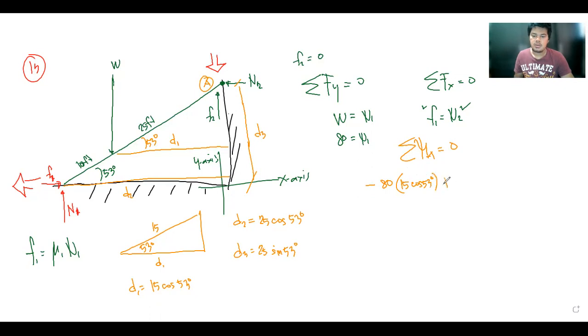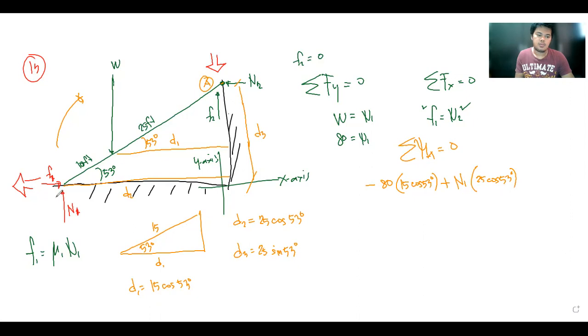Whereas the force N1 will create a positive moment with respect to point A, a clockwise rotation, so N1 multiplied by D2, which is 25 cosine of 53 degrees.